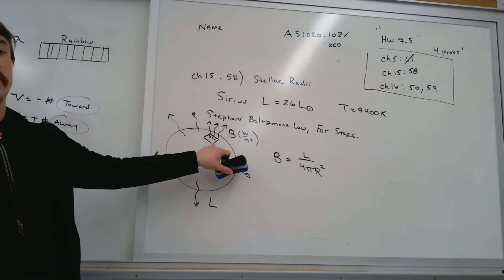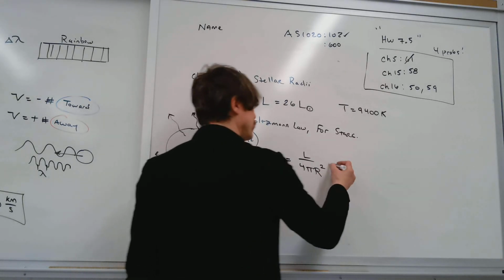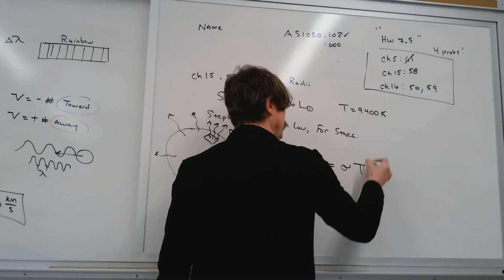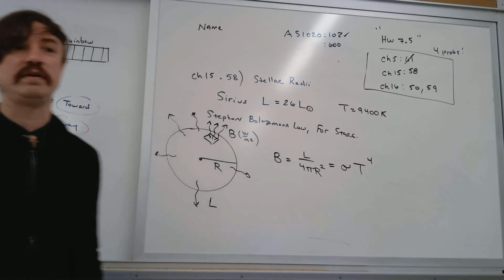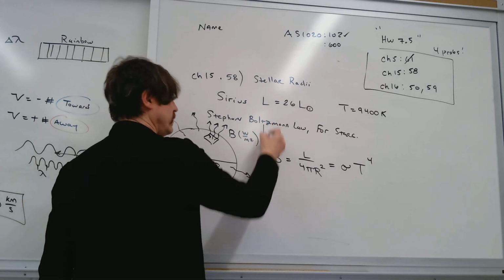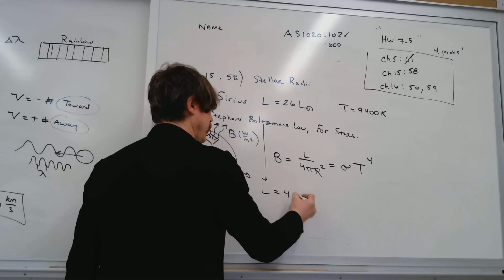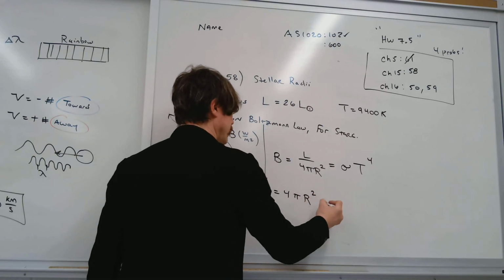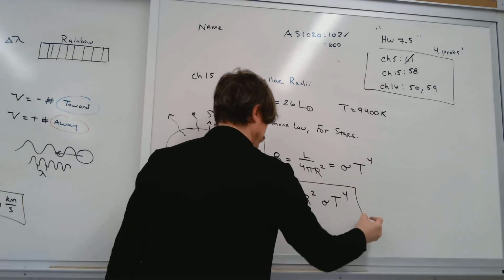But I also know that each patch of light is glowing because it's a black body. I glow because I'm hot. And therefore, I can equate this to the brightness in the Stefan-Boltzmann constant times the 4th power of temperature. Solving this for luminosity, you get the Stefan-Boltzmann law for stars: L equals 4 pi r squared sigma T to the 4th.